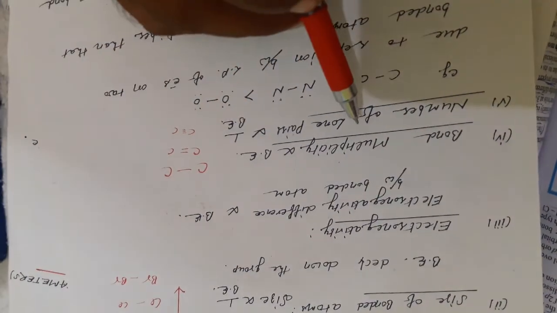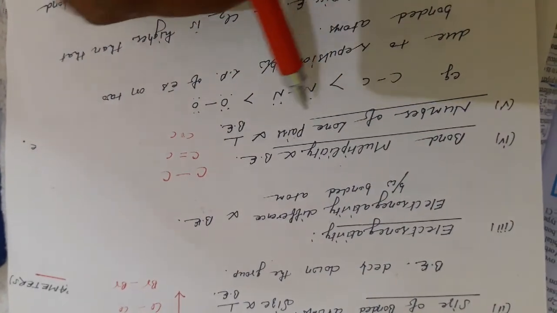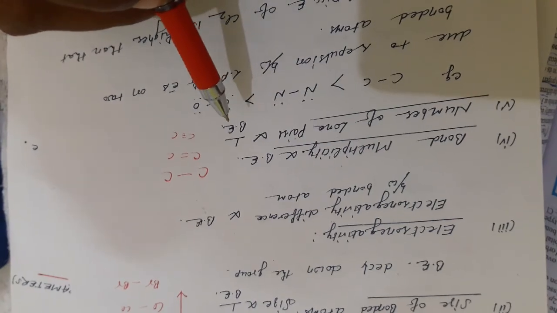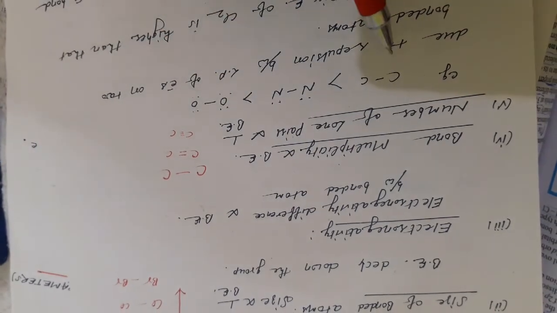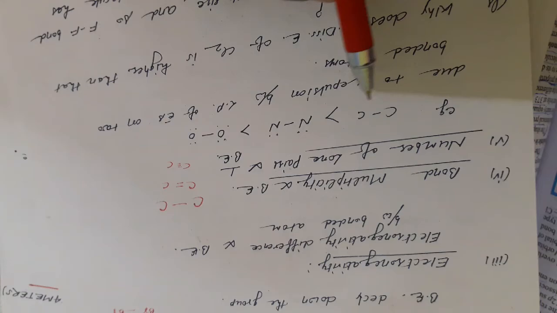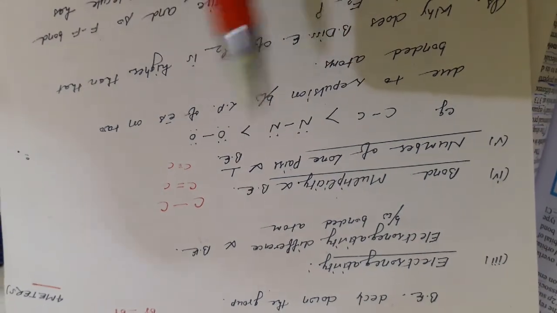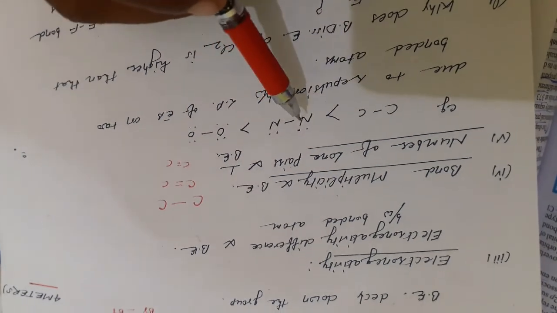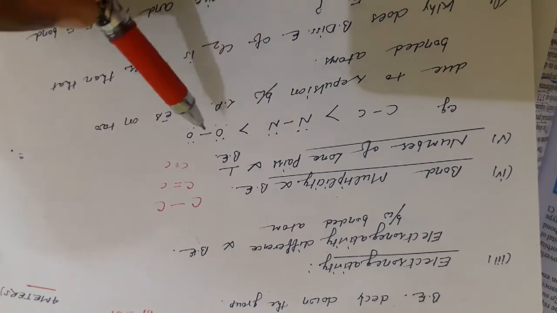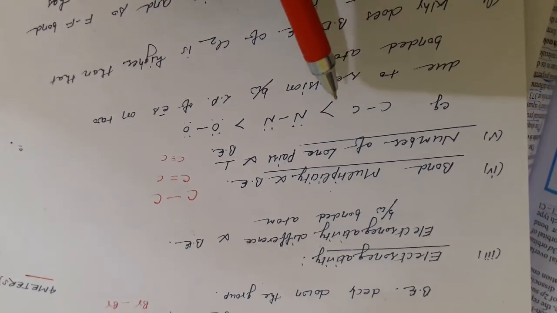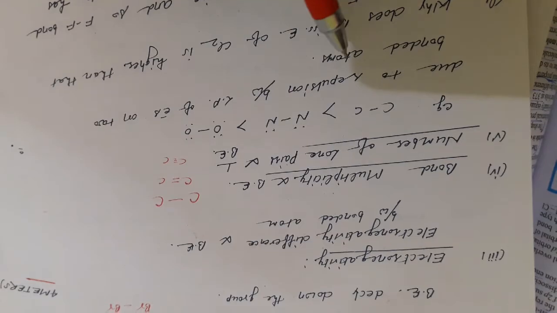Next, the number of lone pairs is inversely proportional to bond energy. When the lone pairs on the bonded atoms increase, its bond energy will decrease.